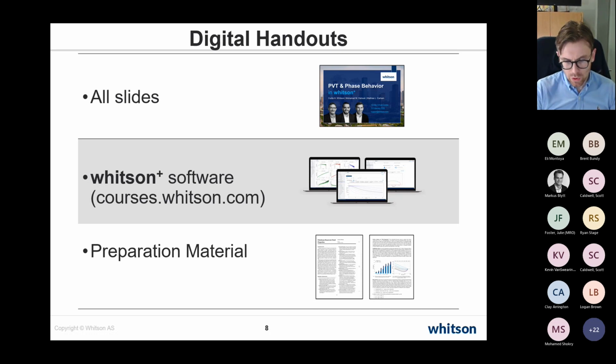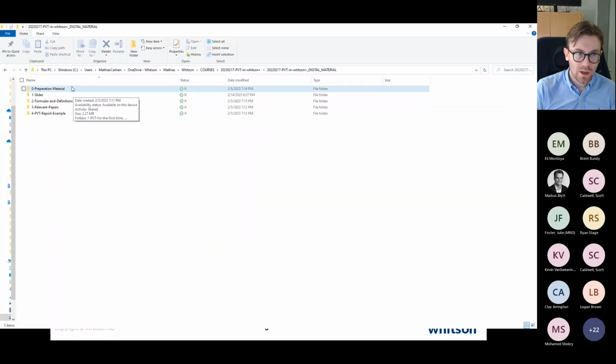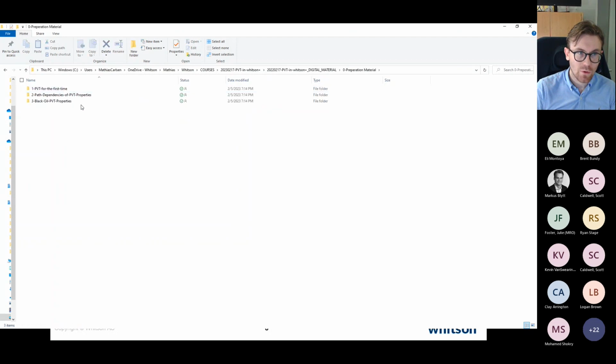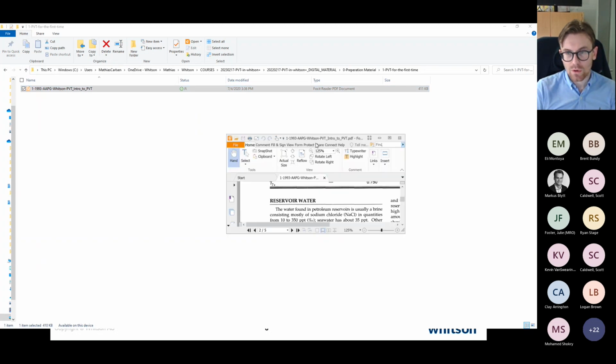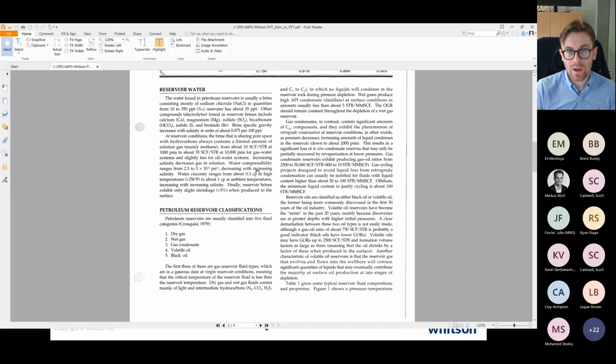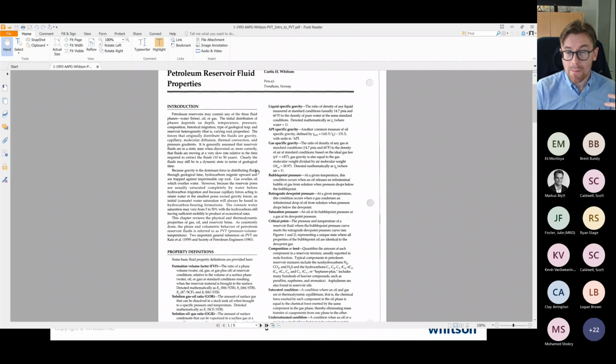And for those who don't know what I'm talking about, everybody has access to this folder right here. And the first item in the folder is called preparation, and it's one called PVT for the first time. And here there's a little introduction document that was written by Curtis for AAPG, actually. So that's for geologists and petrophysicists, I think, back in '93.